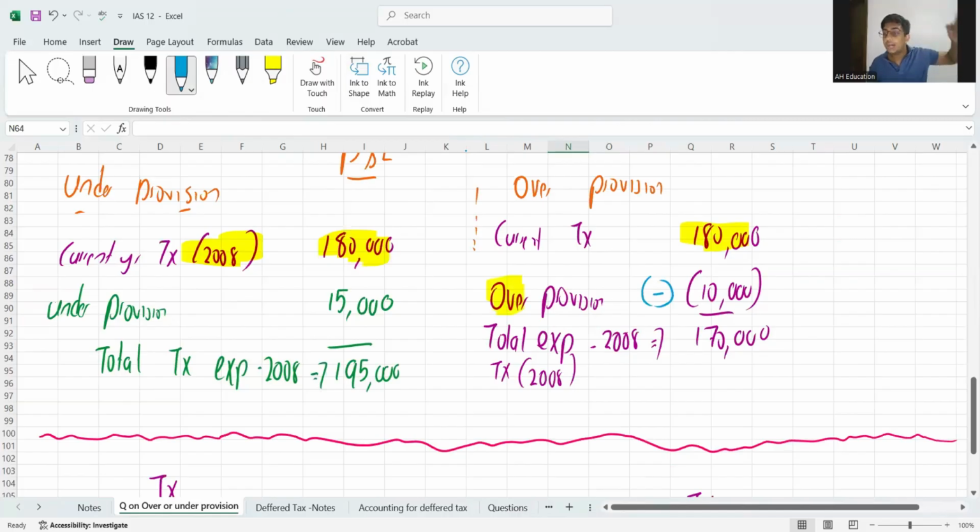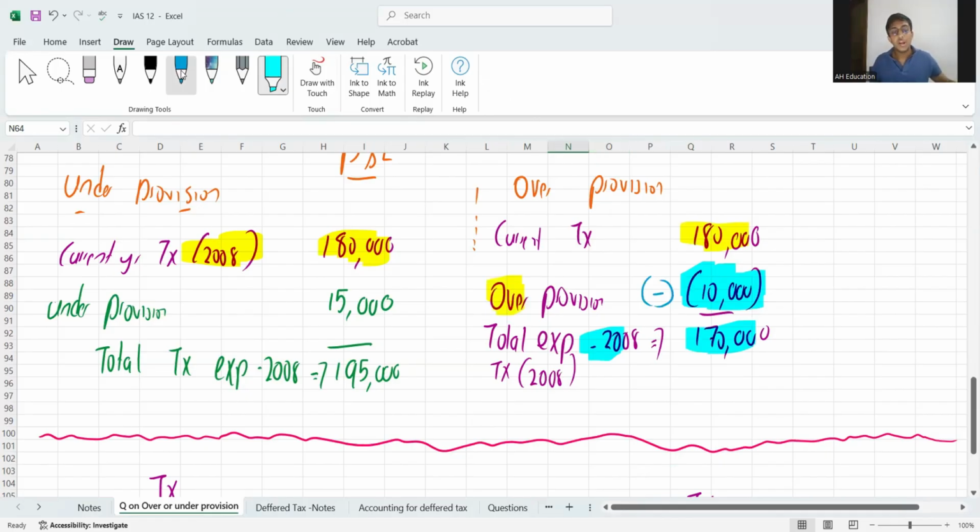Because last year I have over expensed my income tax. I cannot go and adjust my last year now. It's fully locked. So in my current year working, I'll be deducting how much? 10,000. Okay. So for my current year, how much will I be showing as income tax expense? In situation number two, I'll be only showing 170,000.